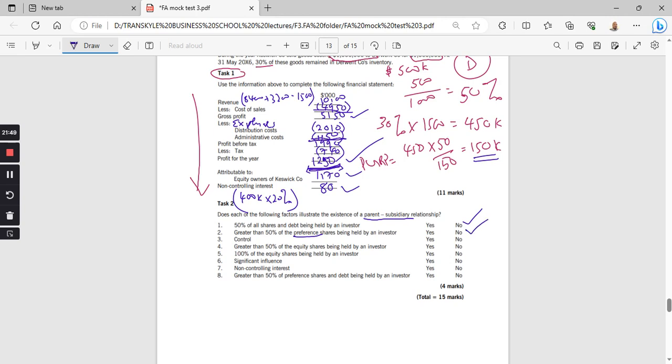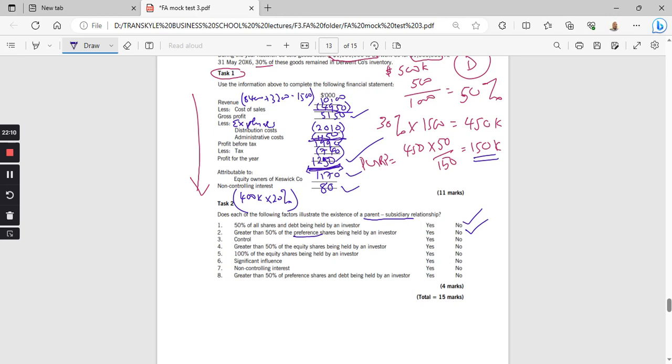All right, the examiner has to be specific. Which type of preference shares is he referring to? If you are having greater than 50% of preference shares, you also need to remember that they can't technically be considered voting shares.